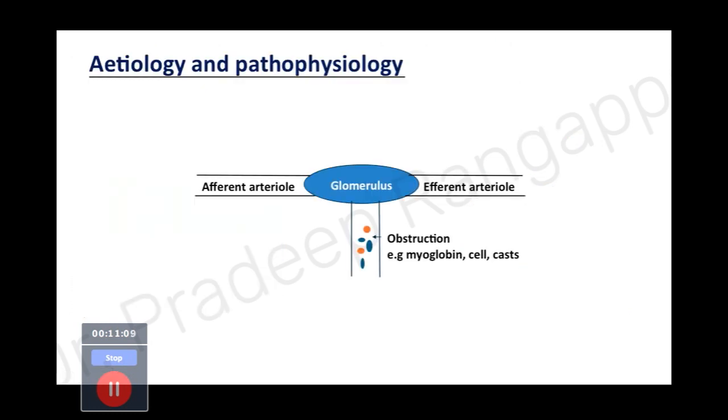Now we'll look into the etiology and pathophysiology of acute kidney injury. If you look at this glomerulus, it has an afferent arteriole and an efferent arteriole. The commonest etiology of acute kidney injury in an acute situation would be circulatory disturbance, so someone having hypovolemia or hypotension. They cause hypoperfusion at the afferent and efferent arterioles, leading to kidney injury.